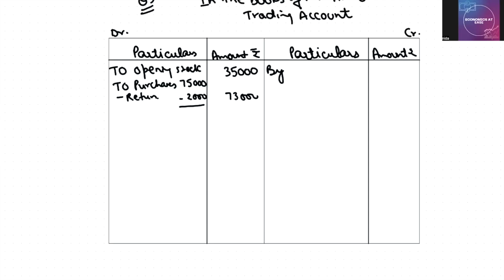Fine. Then carriage inward, of course carriage outward will go in P and L. So carriage inward, this is 1,500. Then carriage outward, debtors, creditors, balance sheet, bills receivable, bills payable, balance sheet, furniture, discount allowed, P and L, wages.